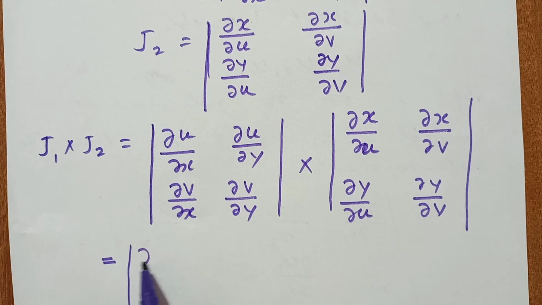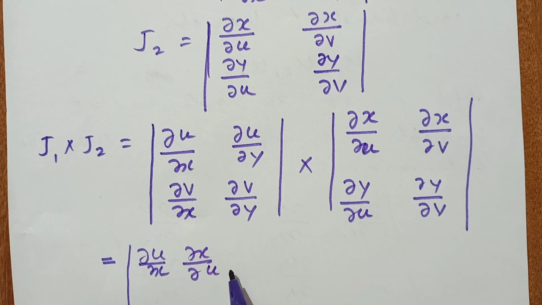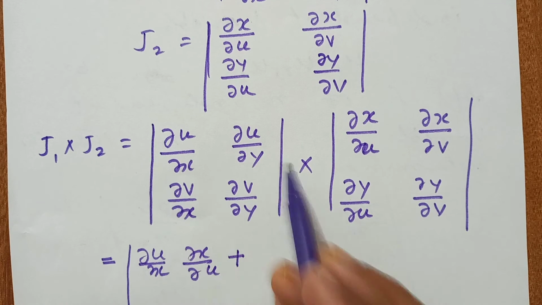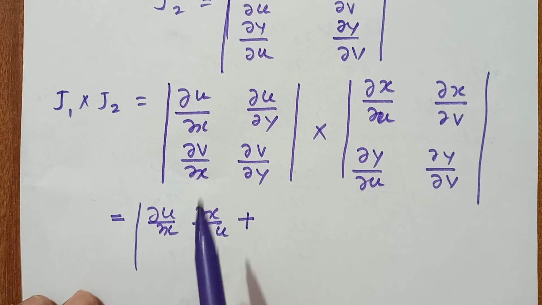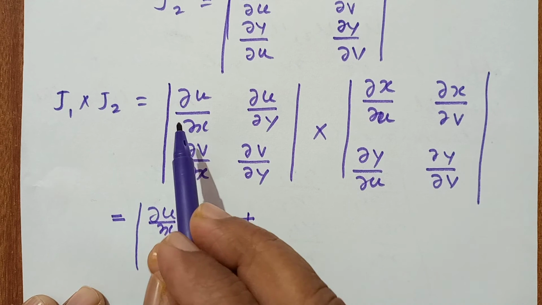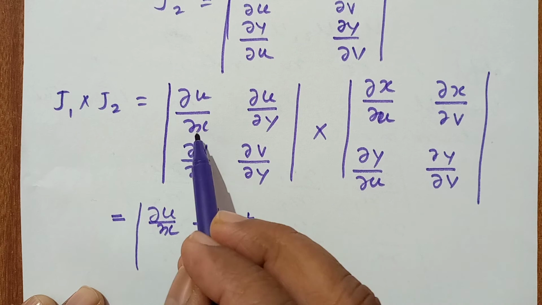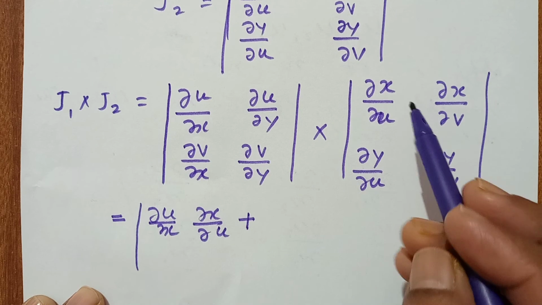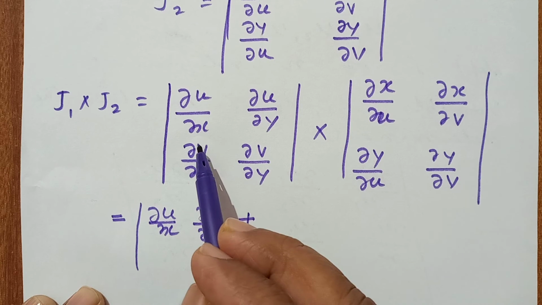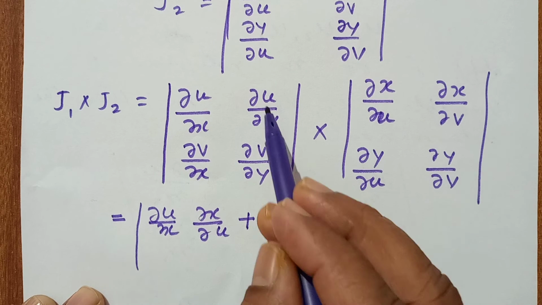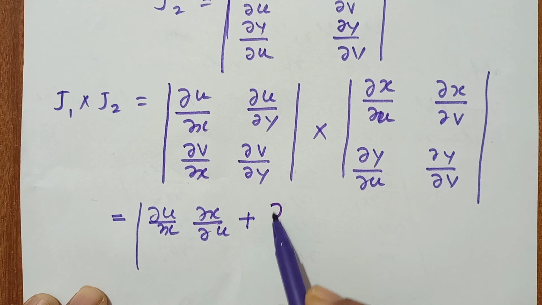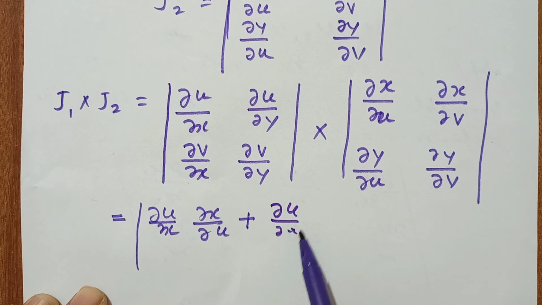This is the first row and this is the first column. In the multiplication of determinants, we have del u upon del x, first row and first column, so del u upon del x into del x upon del u plus del u upon del y into del y upon del u.